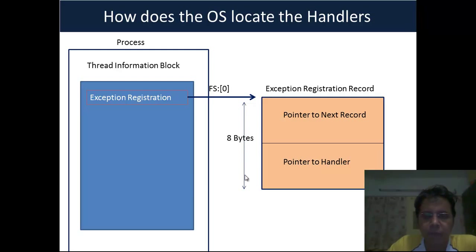So in the most common case, we have 8 bytes of exception registration record. Later on, we'll look at why this mechanism is also dependent on the implementation, and there could be other things also in the exception registration record. But we're definitely sure that at the very least we would have the pointer to the next record and the pointer to the exception handler.